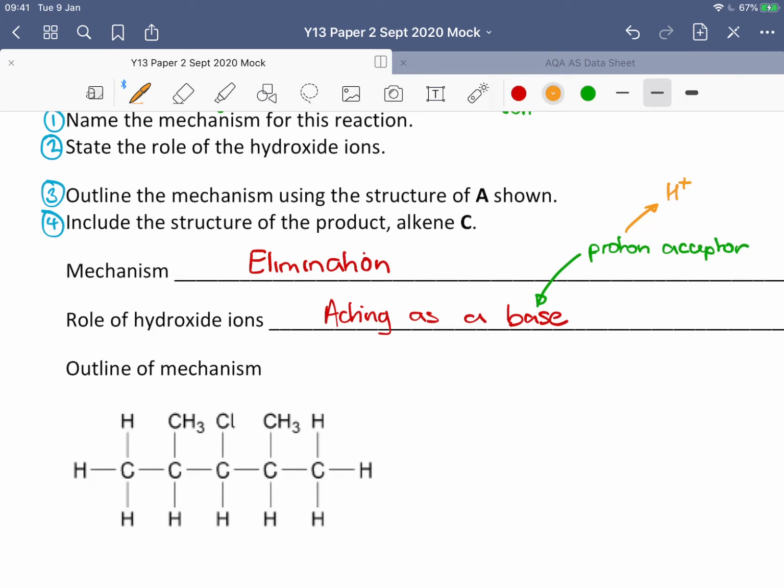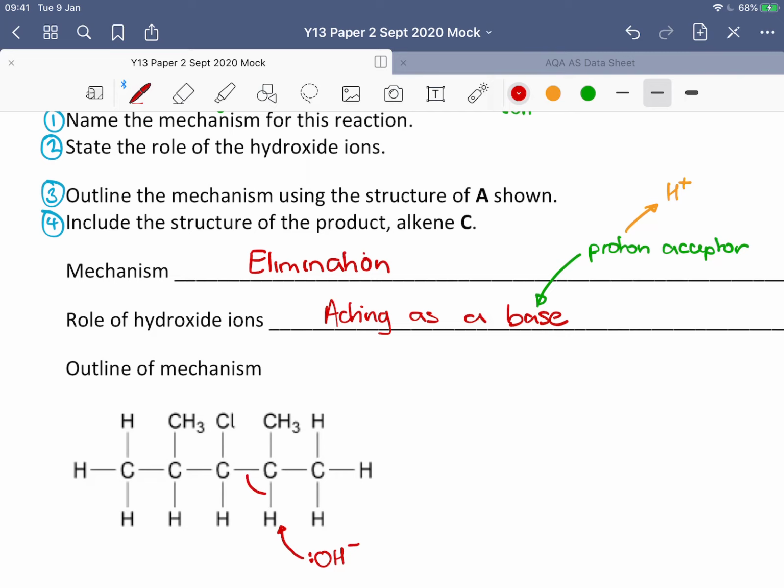So we must have something leaving two adjacent carbons. So let's draw our hydroxide ion. Now in this instance, we can do it from either the left-hand side or the right-hand side, but we're going to this hydrogen.